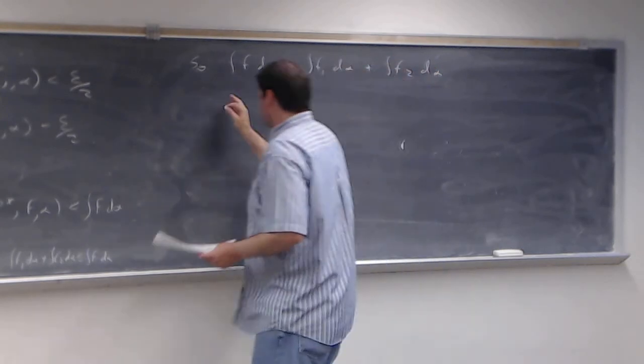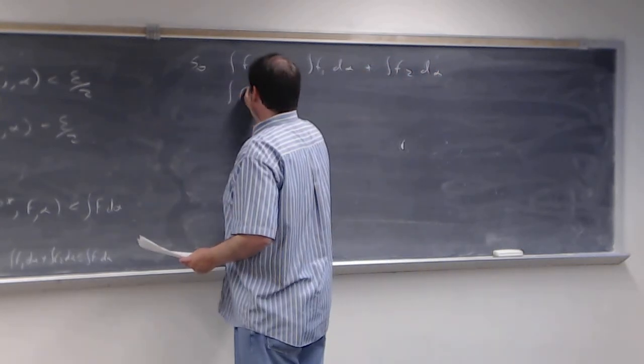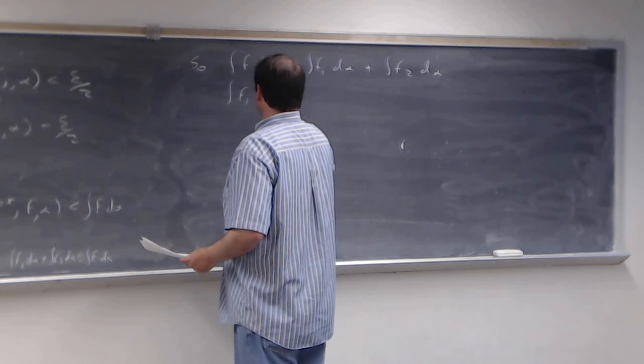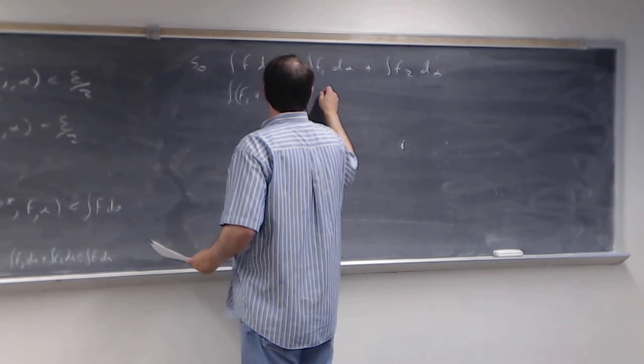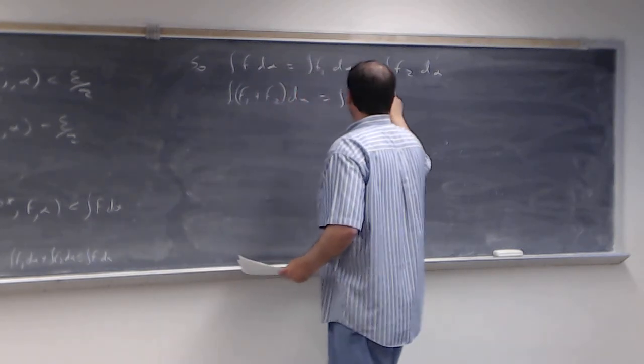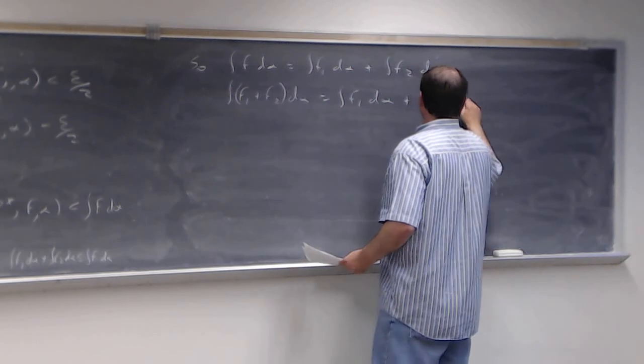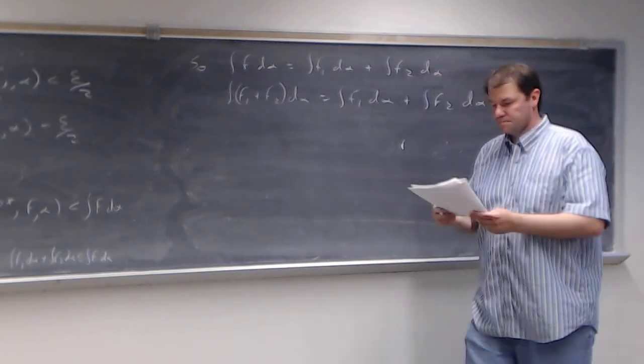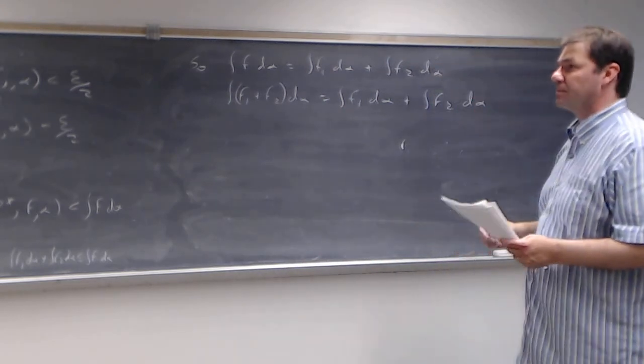And just to make it clear, this says that the integral of f sub 1 plus f sub 2 d alpha is equal to the integral of f sub 1 d alpha plus the integral of f sub 2 d alpha. Okay, that's the main part of this theorem.